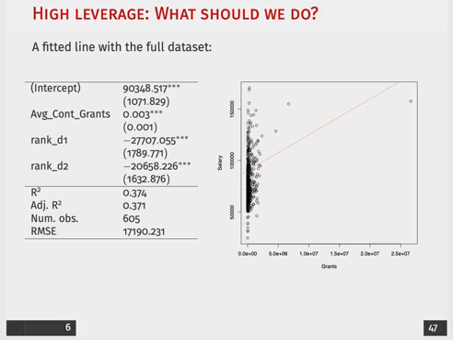So we'll run our regression first and get the fitted line, and then we'll run the regression without it and do the same exercise.